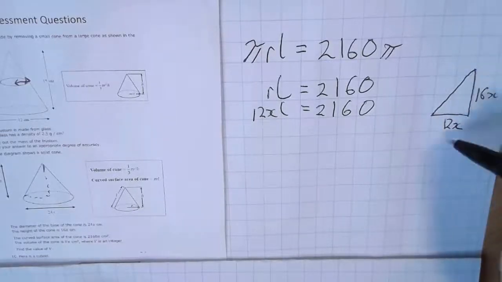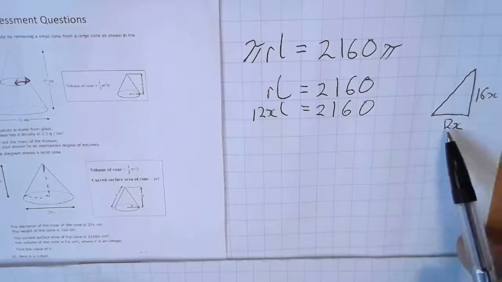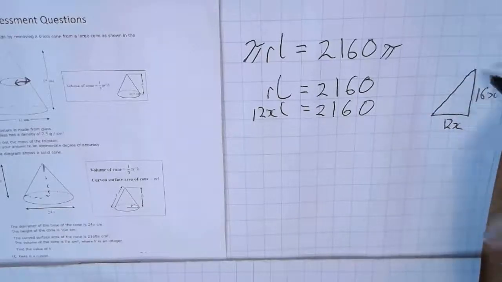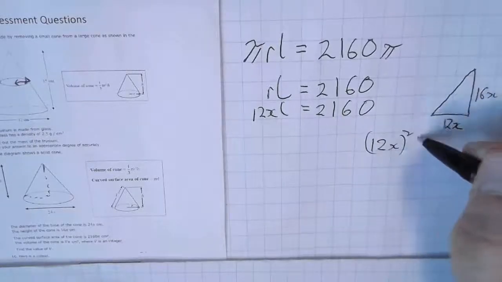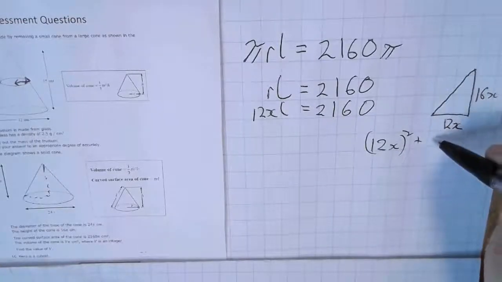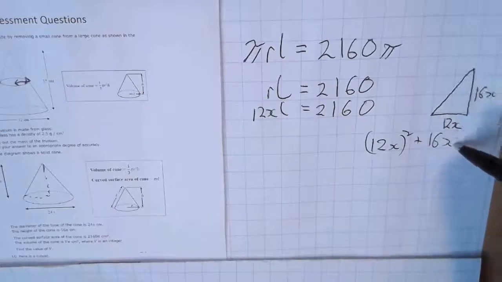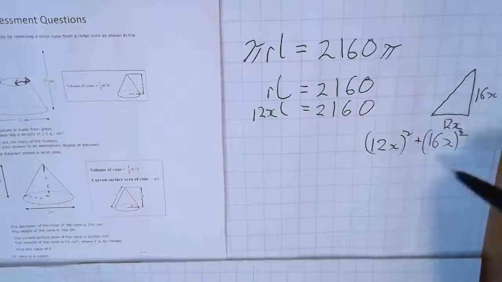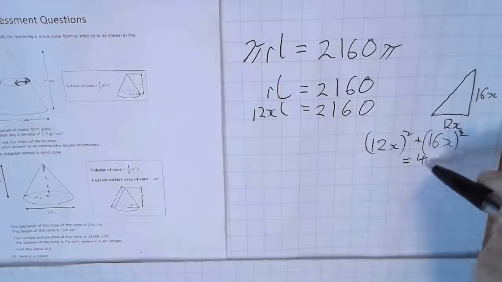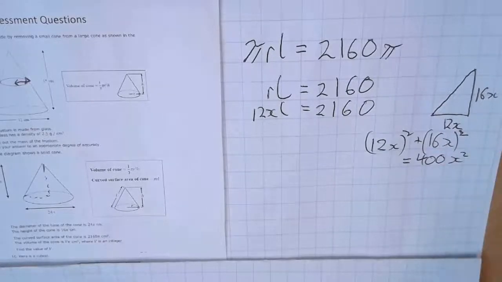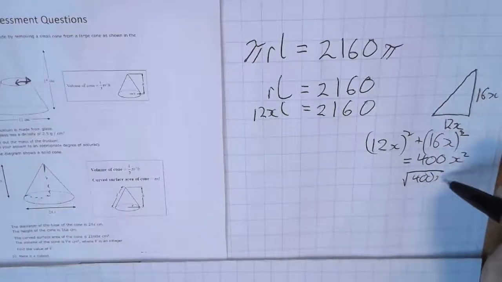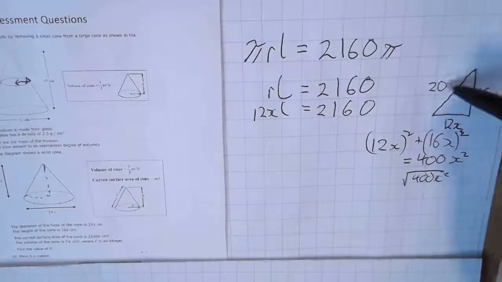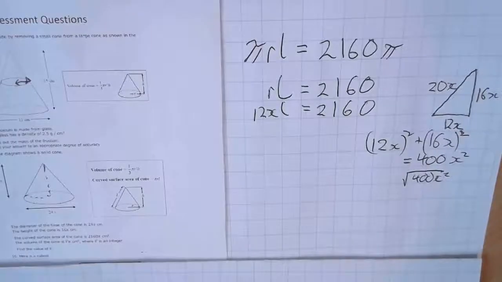But actually I should be able to spot this as a 3, 4, 5 triangle. So 12x squared plus 16x squared comes to 400x squared. When I take the square root of that, it comes to 20x. So L is 20x.